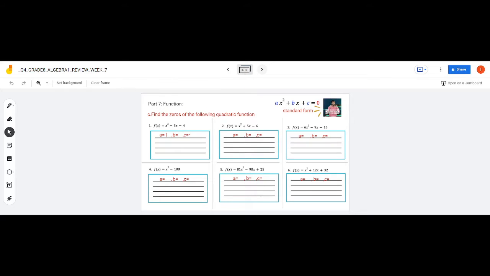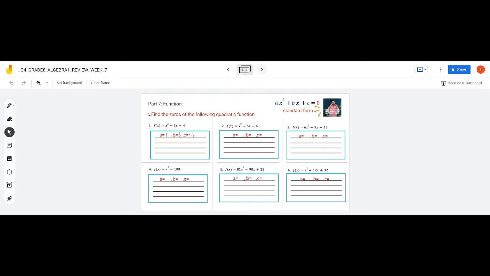So if you look at number 1, you can see number 1 is in standard form. So our a is 1. If there's nothing there, it's understood to mean that there's a 1. So my b is -3 and my c is -4.